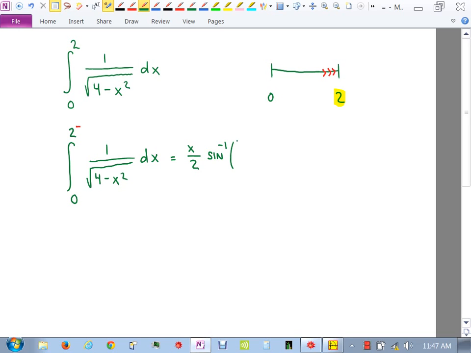Everyone see it? Well, hold on. What's x over 2? What formula was that? Oh, okay, someone's looking at the ones way down there. This is just arc sine of u over a, so x over 2. Evaluated from 0 to 2, from which side? Left side.